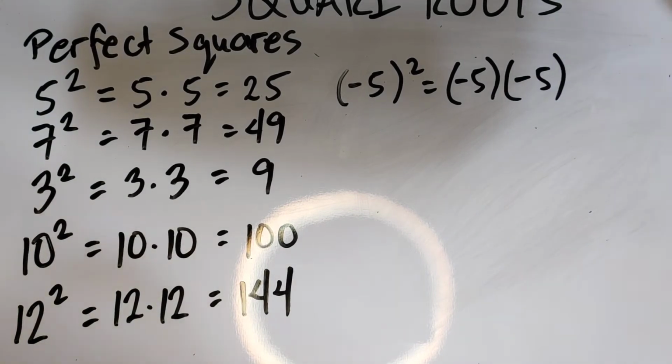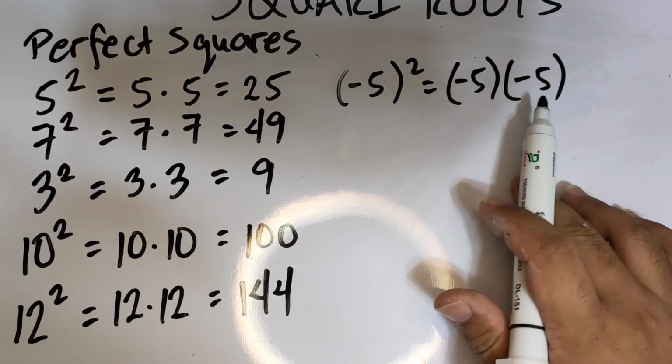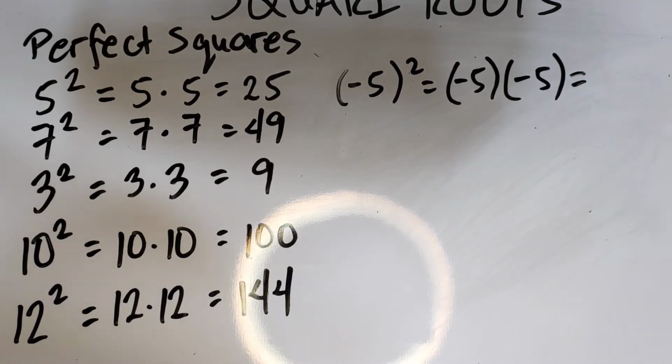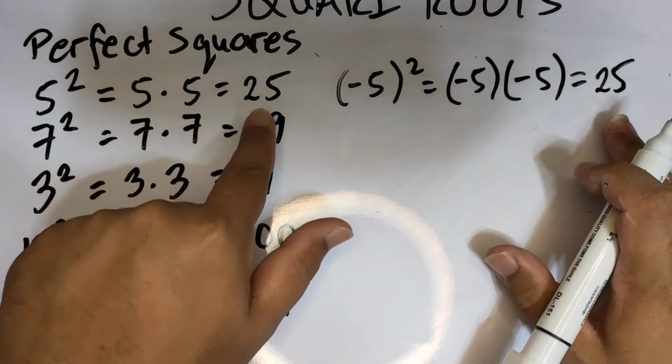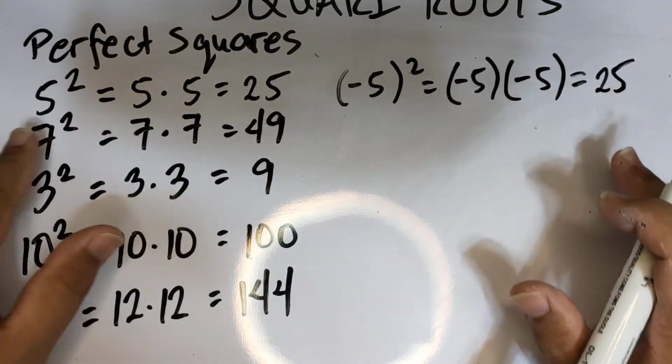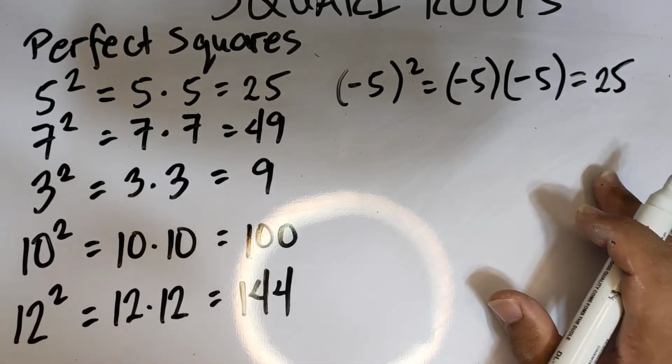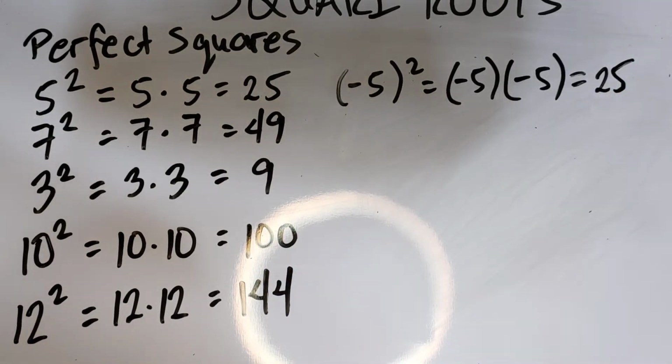Okay, so alam niyo yung rule natin kapag multiplication of integers, di ba? Pag same sign, positive. Pag different sign, negative. So dito, pareho silang negative, so the answer is positive 25. So pareho lang. Okay? Pag in-square mo yung 5, 25. Pag in-square mo yung negative 5, 25 din.